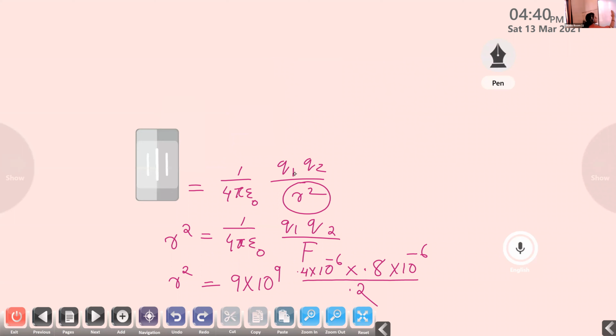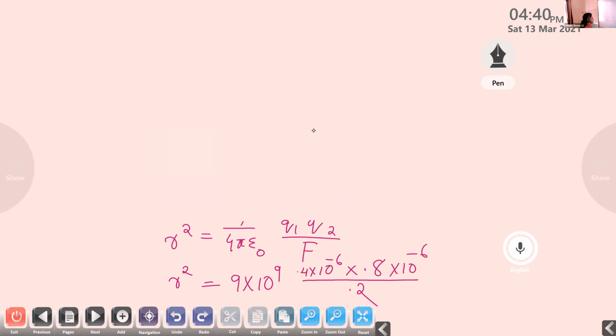Now multiplying these values, R square is equal to 9 into 10 raised to 9 into 0.4 into 0.8. What is 0.4 into 0.8?